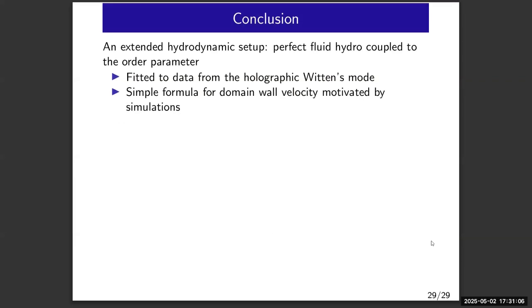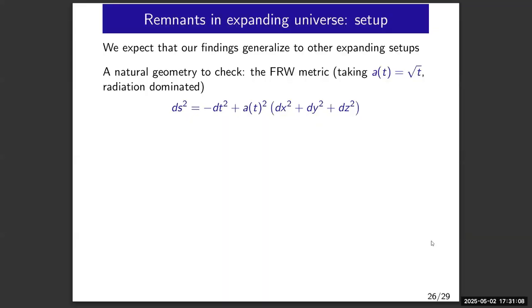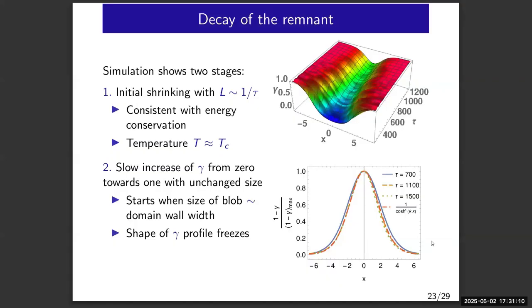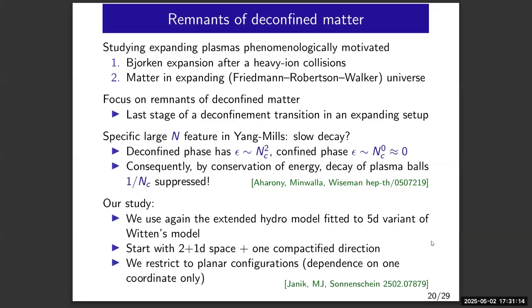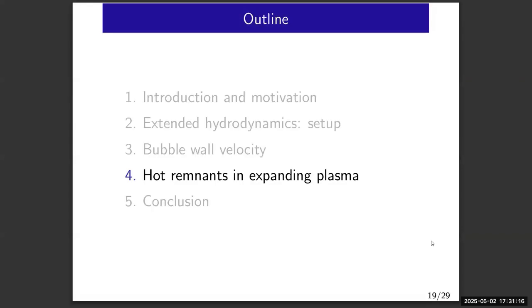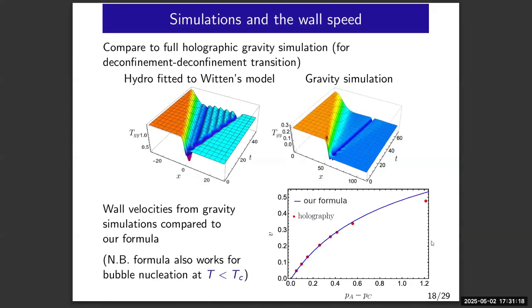But you might think that maybe this is not a good approximation. Actually, maybe I should point out here, this formula for the domain wall velocity is just coming from a perfect fluid hydrodynamics computation.